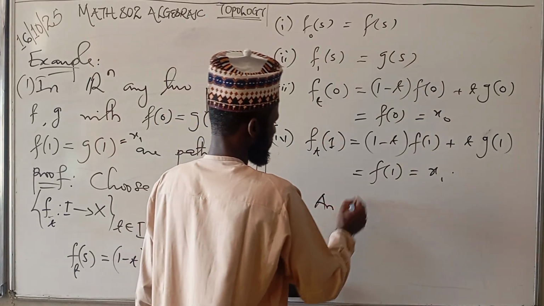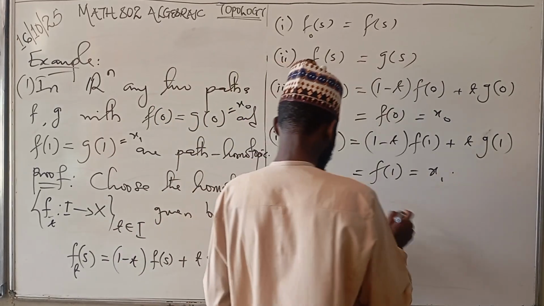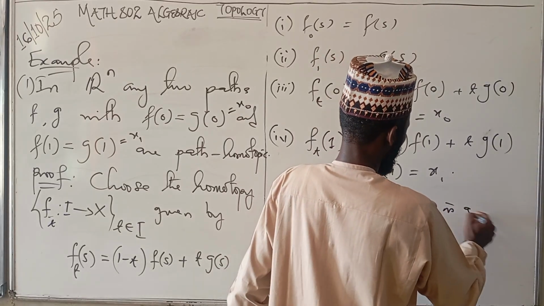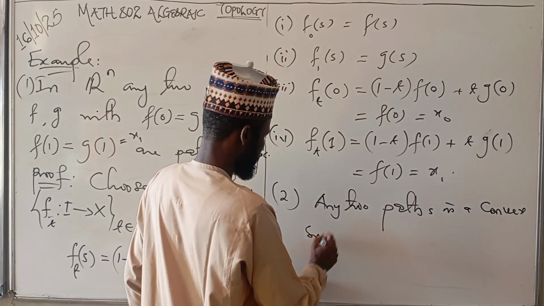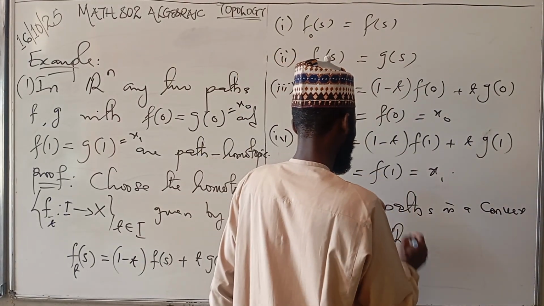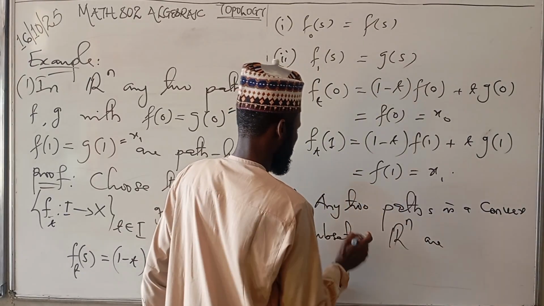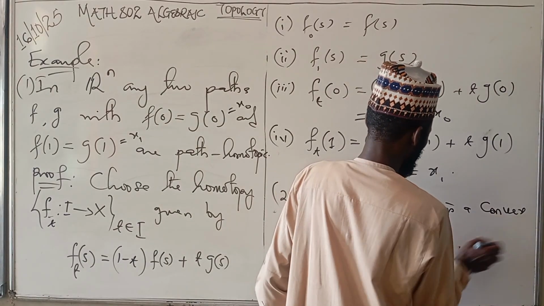In fact, we can generalize this example to the fact that any 2 paths in a convex subset X of Rn are path homotopic.